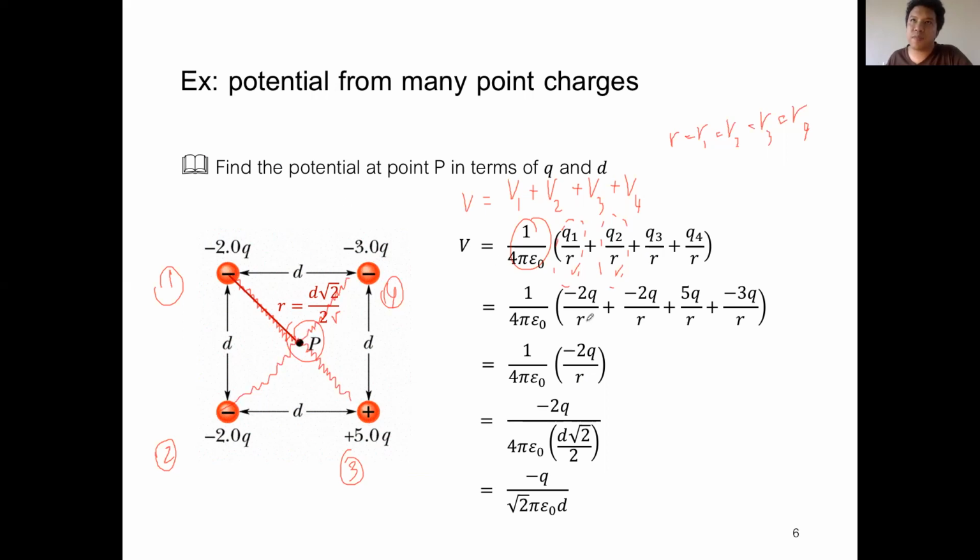Finally I substitute Q1, Q2, Q3, and Q4, and substitute R in terms of D. You need to answer in terms of Q and D because the question gives you Q and D. If they don't give you numbers, you need to answer in terms of the variables that the question gives you.